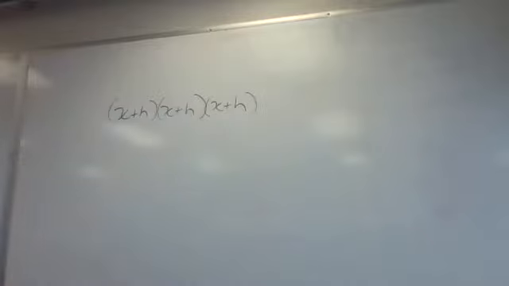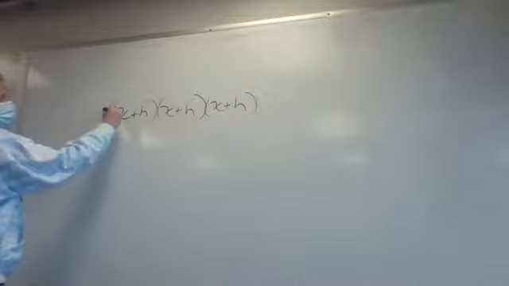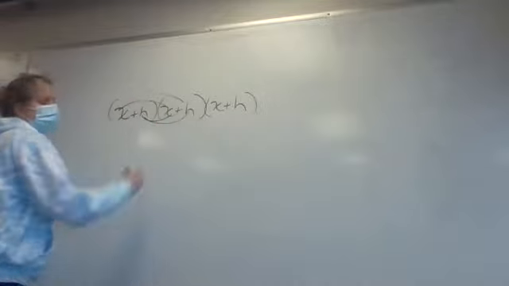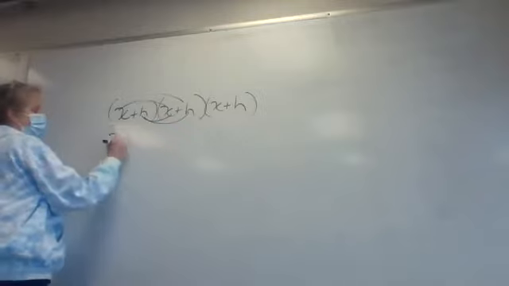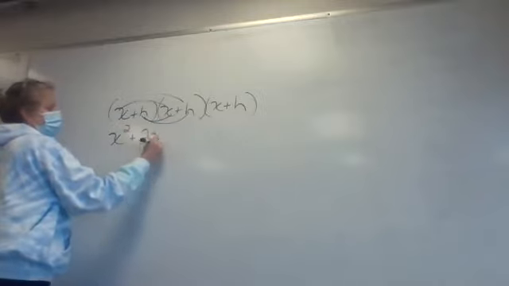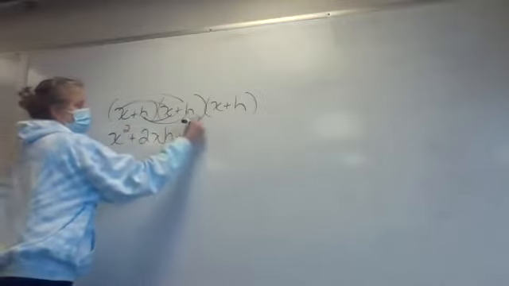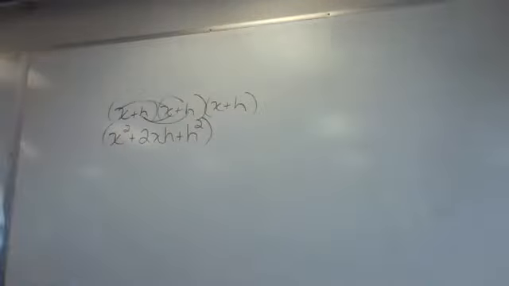Now, I have a little bit of a shortcut because I've already done that, right? I've already foiled the first two together when I did x plus h squared. So when I foil here, I've got x squared plus 2xh plus h squared, right? That's from when I did it on the x squared problems.